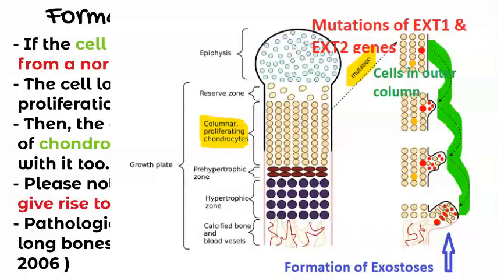So there is a mutation of the EXT1 and EXT2 genes affecting the proliferating zone, especially the chondrocytes. The mutation is especially in the cells in the outer column. So these cells will become elongated and there will be a formation of exostosis.